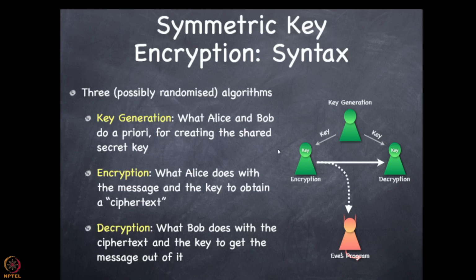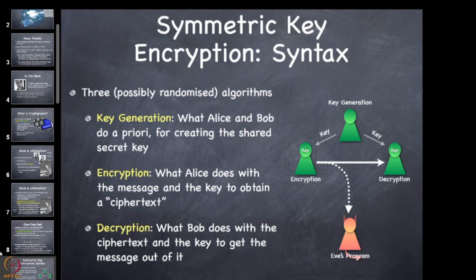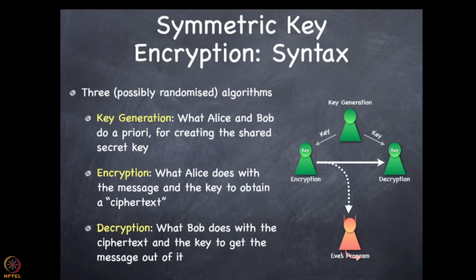Once both of them have a copy of the key, the encryption algorithm is some algorithm. In this case it was bitwise XOR, but it could be anything. It could be probabilistic. Clearly the key generation algorithm was probabilistic, because you have to flip those coins. It's a randomized algorithm. The encryption algorithm for one-time pad was not probabilistic.